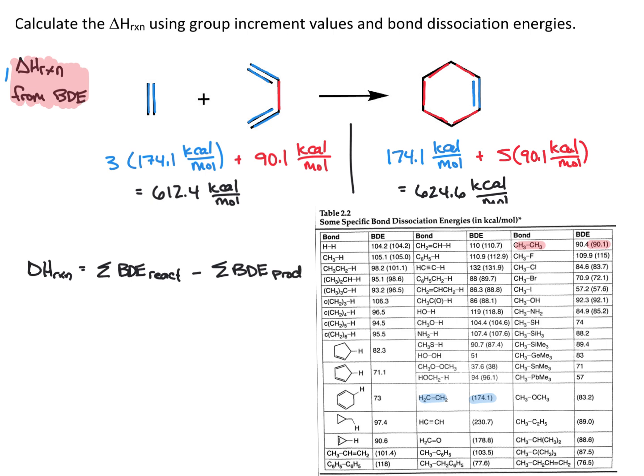And we've already calculated those sums, so we're just going to do 612.4 minus 624.6. Do the math, and we get negative 12.2. And that negative value tells us it's an exothermic reaction.